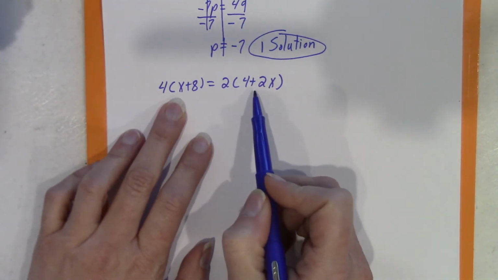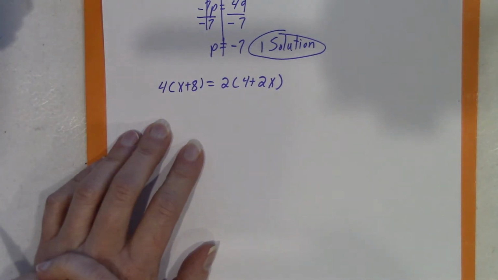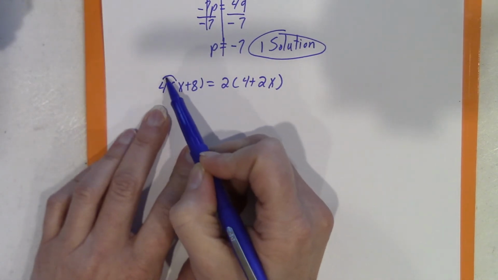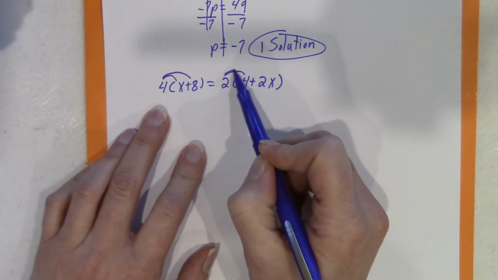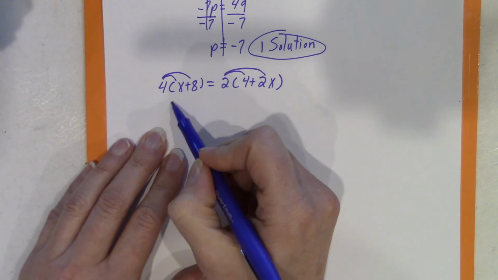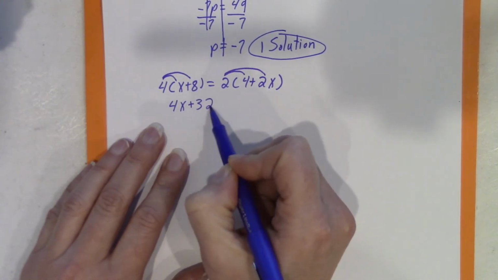If there was, I would do that first. There's no exponents, so I'm down to multiplication and division with my PEMDAS. So I'm going to distribute this 4 out here, and I'm going to distribute the 2 there. So I'll have 4 times x equals 4x plus 4 times 8 is 32.